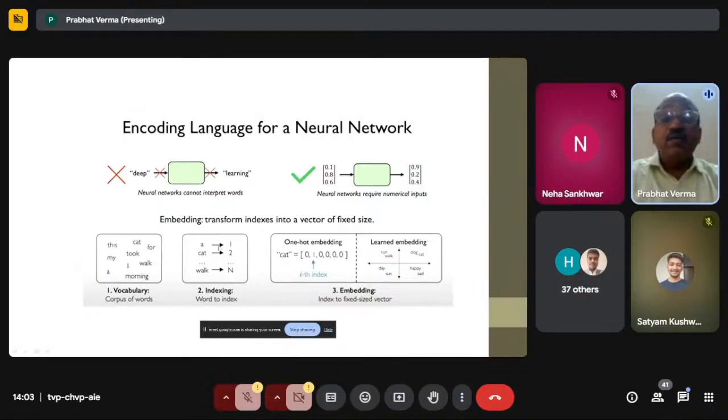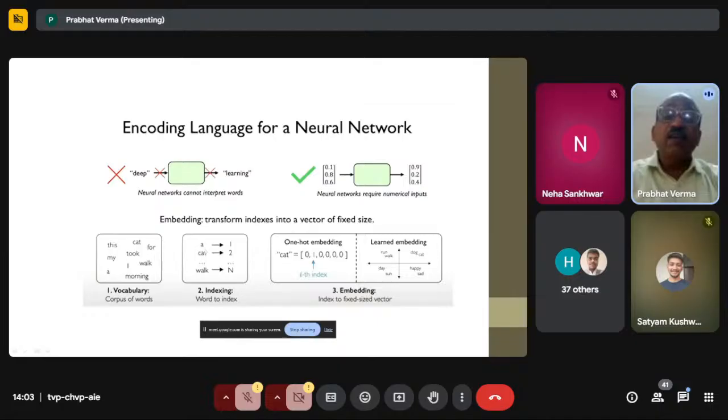The first approach is known as embedding. Embedding means transforming indexes into a vector of fixed size. For example, this is one approach, the vocabulary. You make a vocabulary for your corpus of words and give an index to each word. Like we have given index 1 to a and 2 to cat and so on, and n to walk.